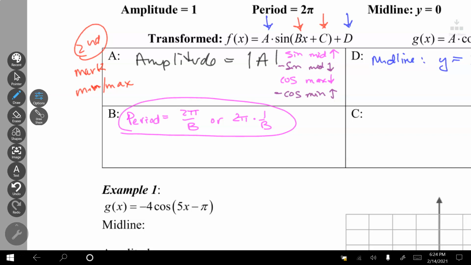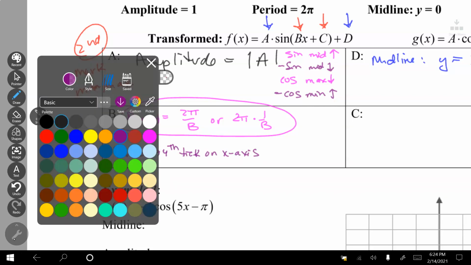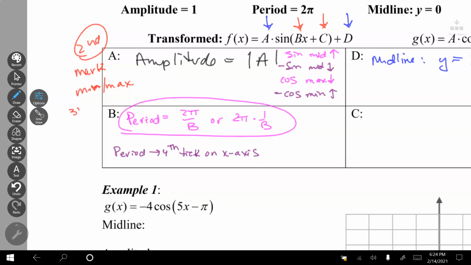And what's going to happen, I'm always going to make whatever the period is, just like I did yesterday, always be the 4th tick on the x-axis. Okay, that's what I'm always going to do. I'll do this third because this marks my x-axis for me.